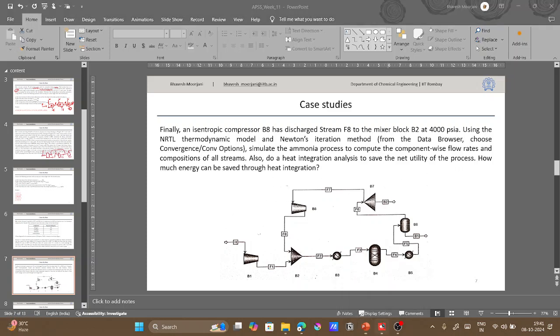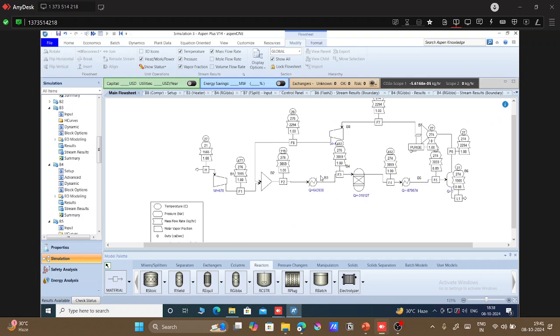If we don't use any heat integration, we will require some hot stream, like medium pressure steam, as a utility to heat up the feed mixture to the reactor. For the reactor we use cooling water to maintain the reactor temperature. Same for the cooler, we use cooling water or some other coolant.